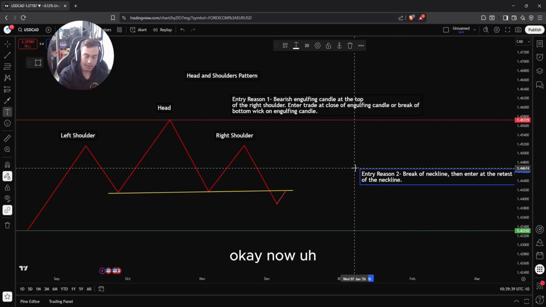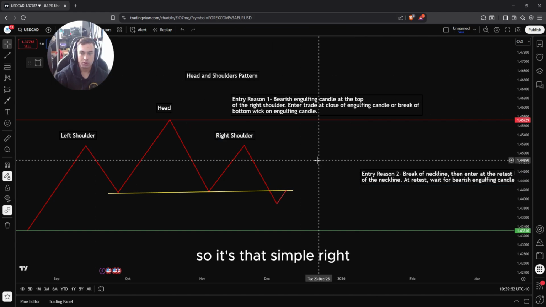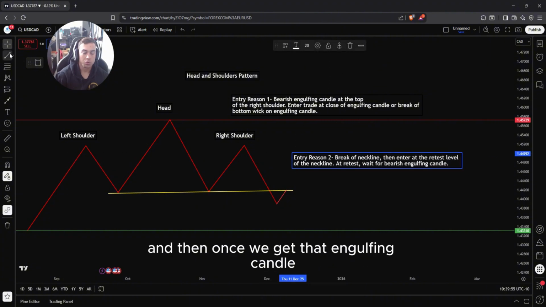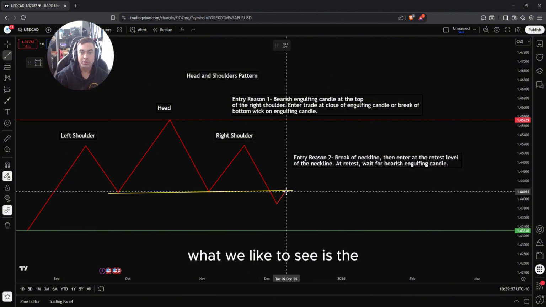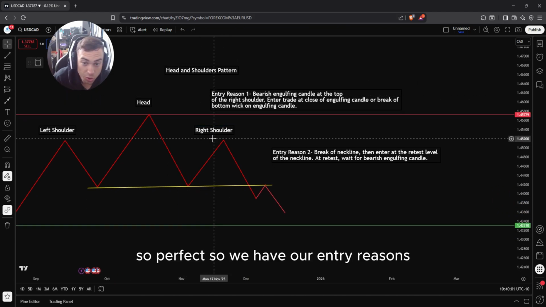At the retest, wait for a bearish engulfing candle. It's that simple, right? And once we get that engulfing candle, what we like to see is a continuation of the downtrend. So perfect, we have our entry reasons.